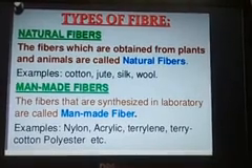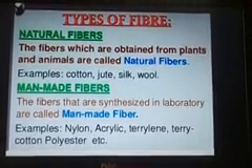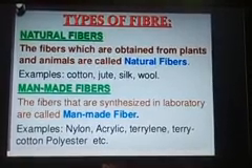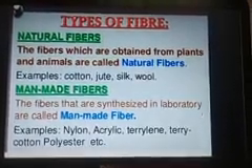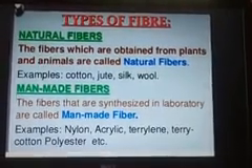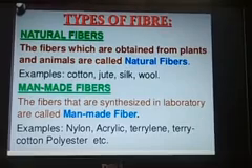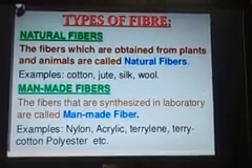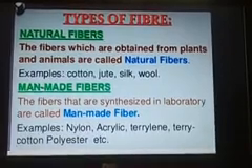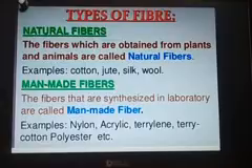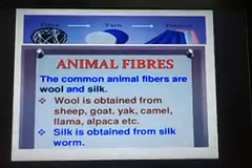As we have studied in standard 6, that is about cotton and jute, and here we are going to learn about silk and wool. Man-made fibers means the fibers that are synthesized in laboratory. Examples are nylon, acrylic, terylene, terrycotton, polyester, rayon, etc.